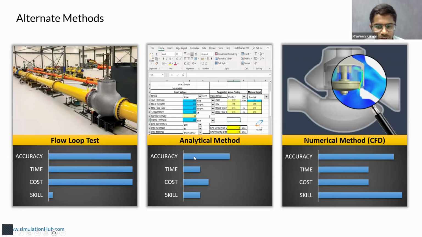The skill required is also low. And when it comes to numerical method, it goes very close to the flow loop test accuracy. The time and cost are also reduced, but the skill required to operate the CFD software and achieve a meaningful result is a bit of a challenge.